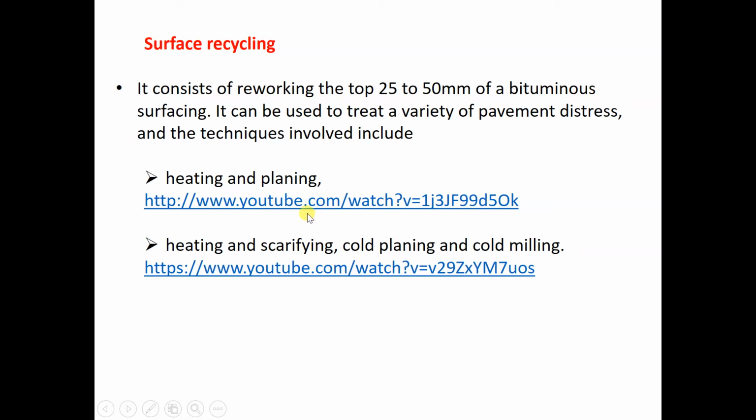They don't need to bring the material elsewhere. One machine runs over to heat up the existing surface, followed by another spreader to spread the bitumen. Lay a new layer on top, using the old one as well.